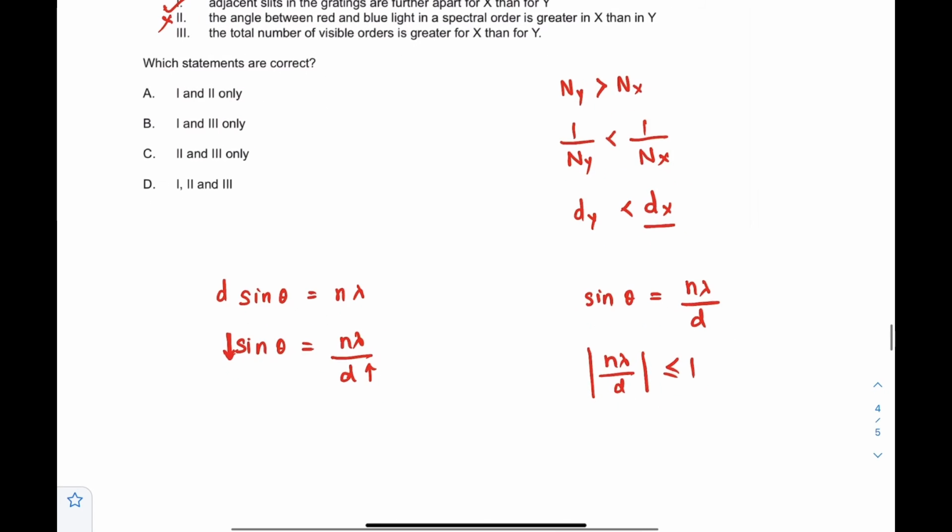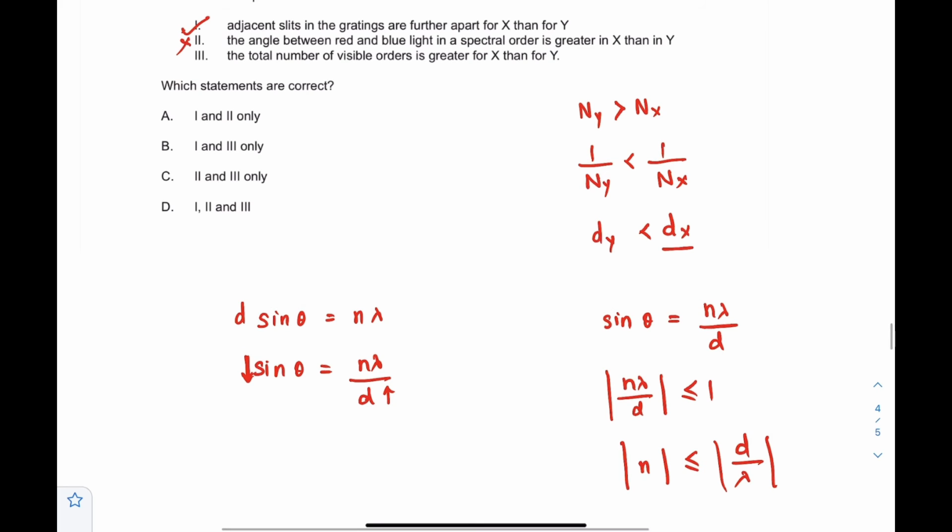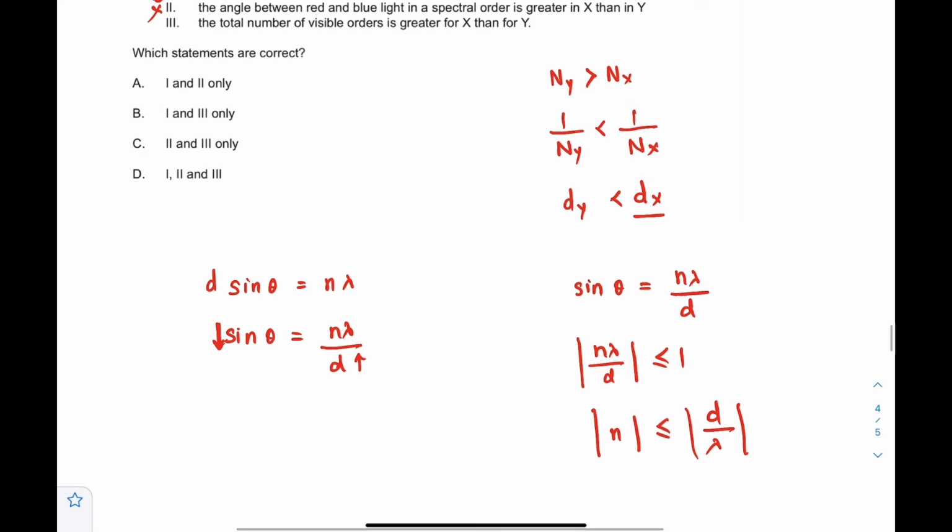So the order n is less than or equal to d by lambda. Is the total number of visible orders greater for X than for Y? Yes, because the distance between the slits, d, is greater for X, and lambda is constant, so the value of n will be greater.